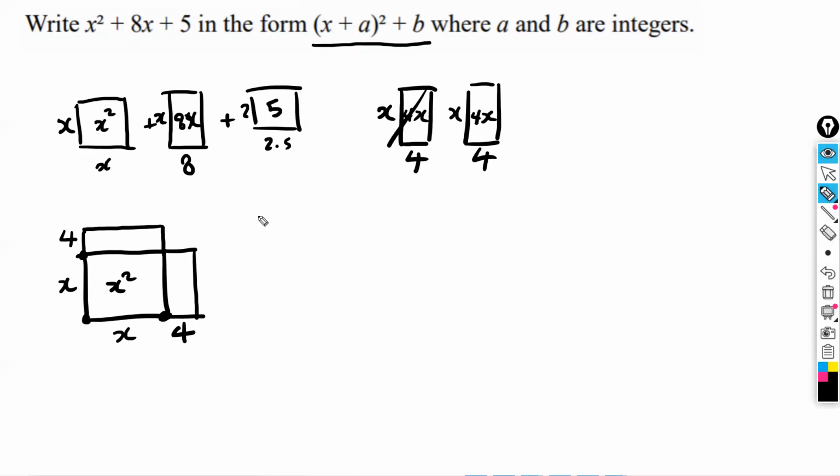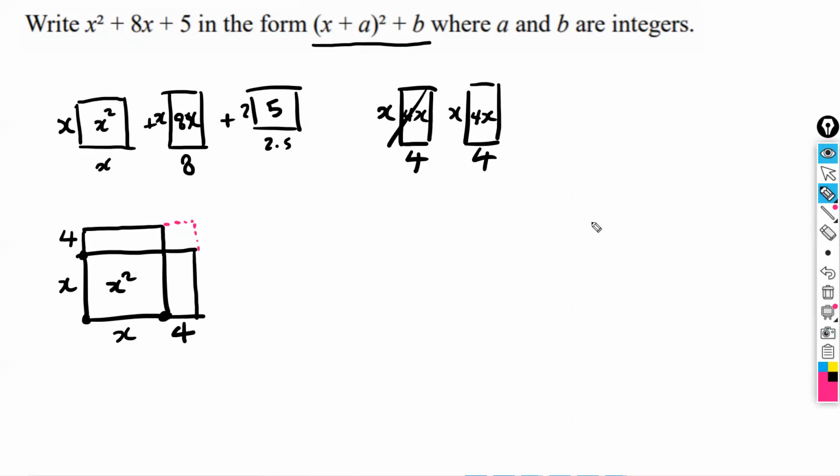So to work out the area of the whole square, if I was to complete the square, I would have to do the height multiplied by the base, and the height is going to be x plus 4.